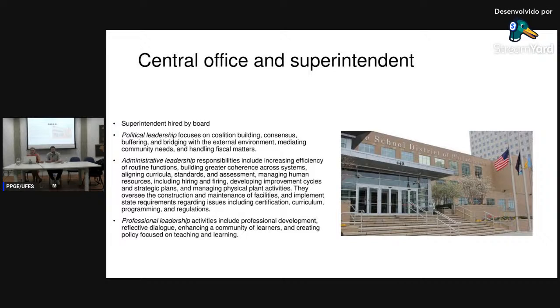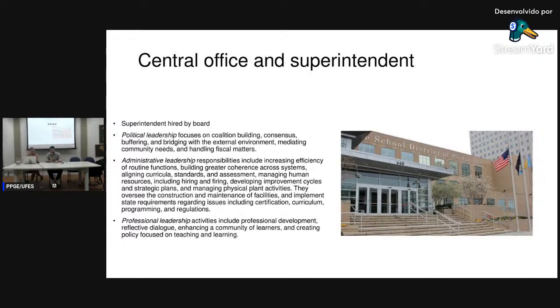com a mídia. And then administratively, it's everything you would do to run any organization: hiring and firing, HR, curriculum, standards, assessment, construction of buildings. Então, ele vai lidar também com toda essa contratação, né, de empresas para o funcionamento ali da escola, né?